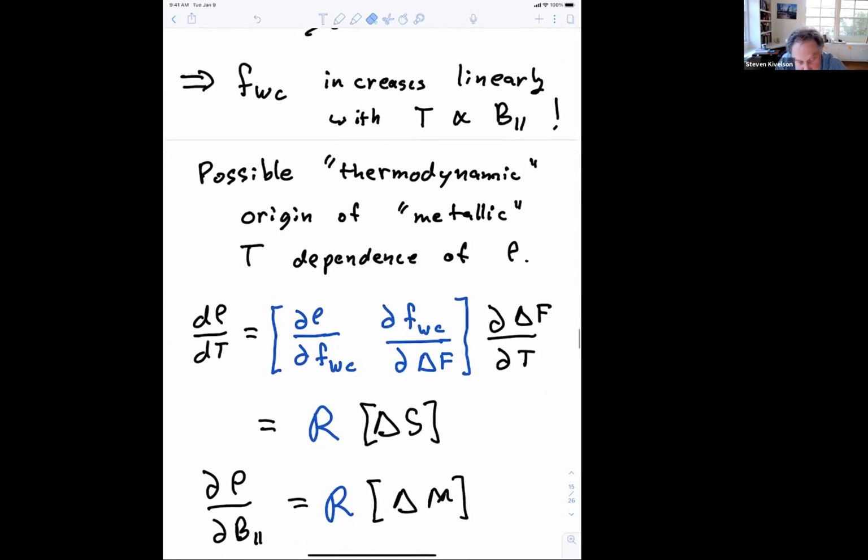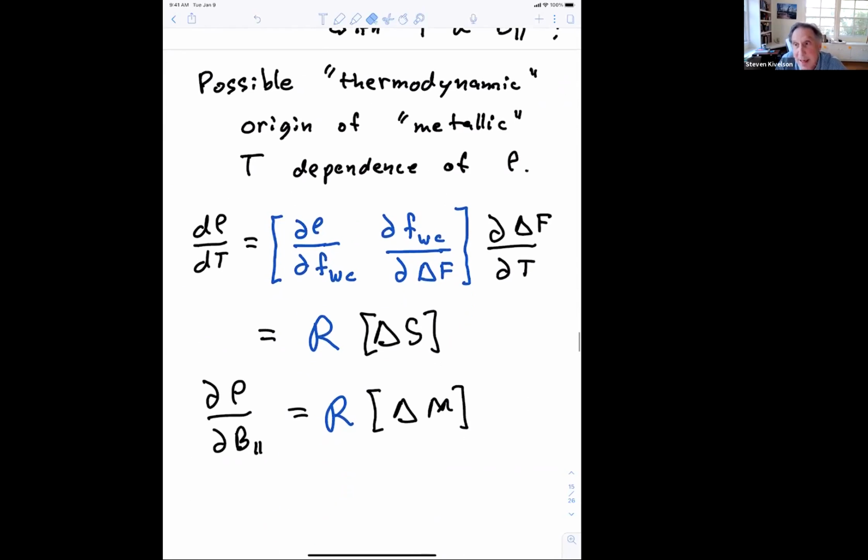So this gives rise to a very interesting possibility, a thermodynamic origin of a temperature dependent resistivity that might look metallic in the sense of being an increasing function of temperature, even if the notion of a temperature dependent mean free path was irrelevant.